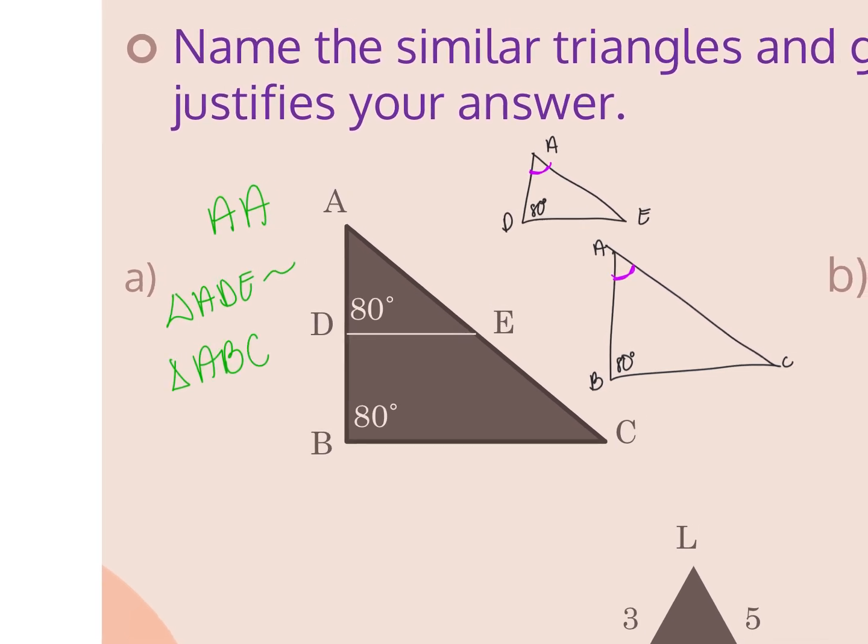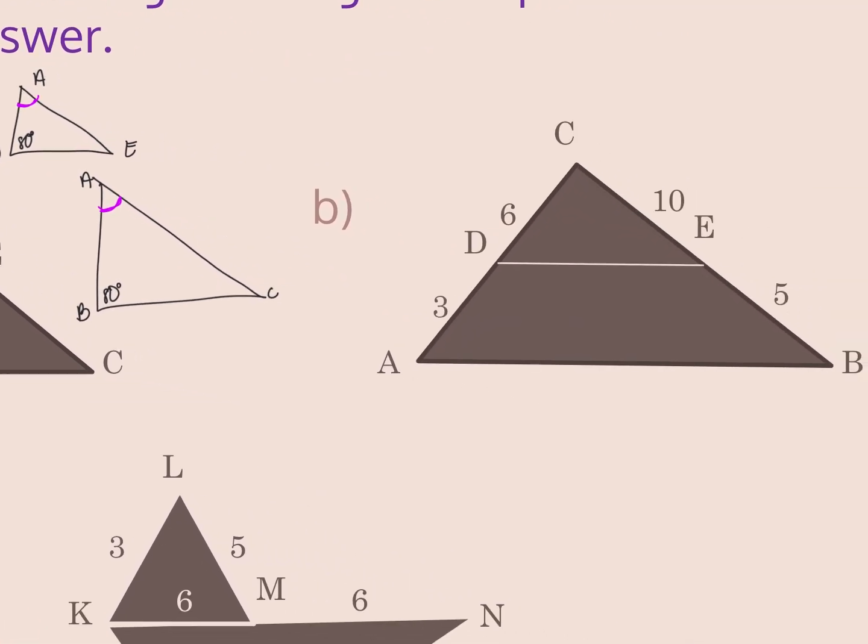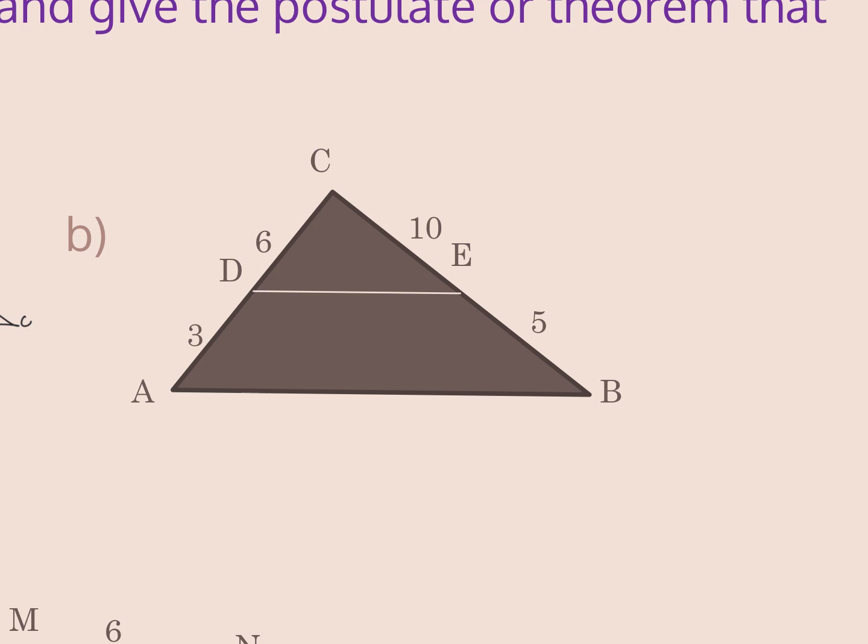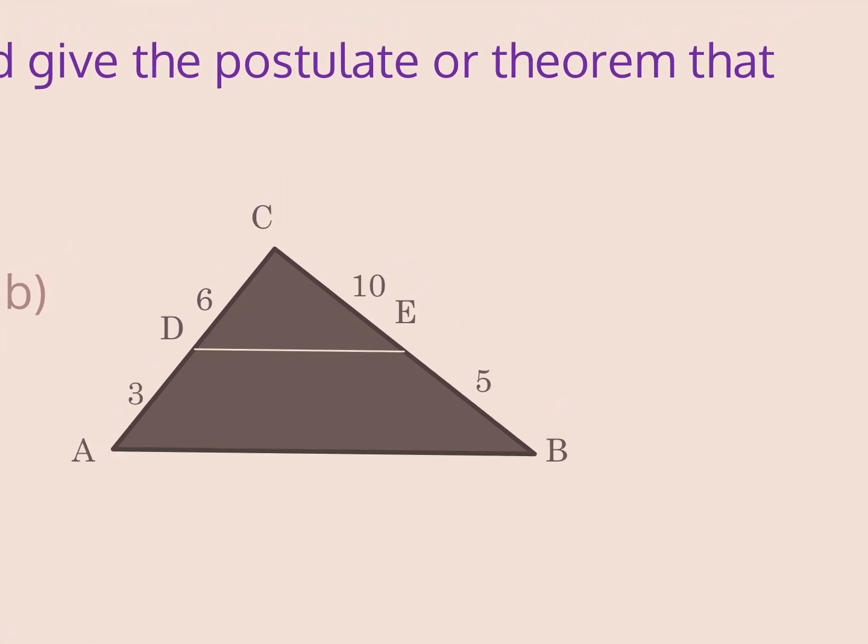Questions on A? You have to remember the difference between angle, angle, and side, angle, side. All right. Looking at B, again, drawing it out definitely helps. I have C, D, E. I have 6, 10, and then I have my larger one.